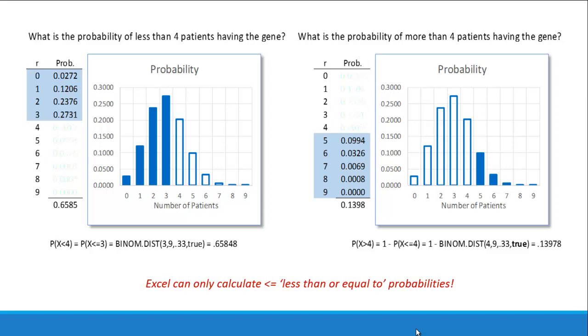Since all probabilities must sum to 100% or 1.0, the probability of having more than 4 patients is 1 minus the probability of having less than or equal to 4 patients. So we subtract the binomial distribution cumulative function from 1, and in this case we get 0.1398.